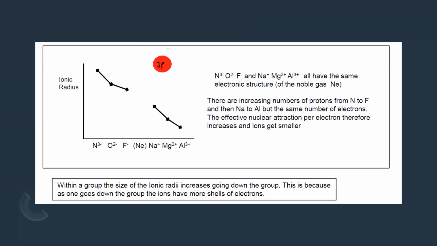So it took 3 electrons. So this is normal nitrogen. First shell, it will have 2 electrons. Second shell, it will have 5 electrons. But what happened? It took 3 extra electrons.